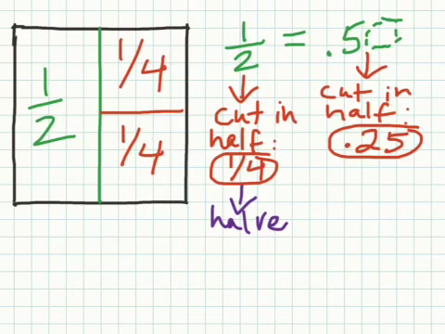Halve is the verb that means to cut in half. So let's use the verb here. I'm going to take my 1/4 and halve my 0.25. Okay, if I have my 1/4 and chop it into a smaller piece, I will get 1/8.